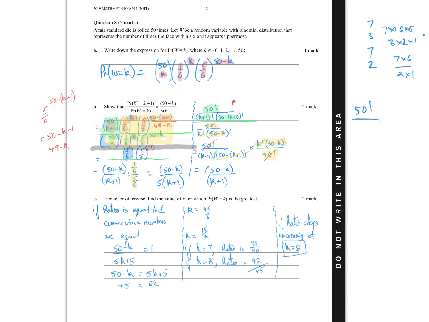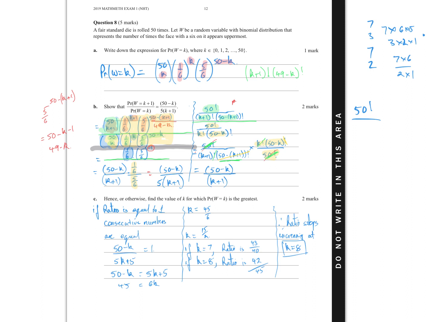So I've got a 50 factorial there with a 50 factorial there, that's fine. It's these expressions here, isn't it? So I've got k plus 1 factorial, I've come to the top here, k plus 1 factorial times 50 minus k minus 1, which is 49 minus k factorial.